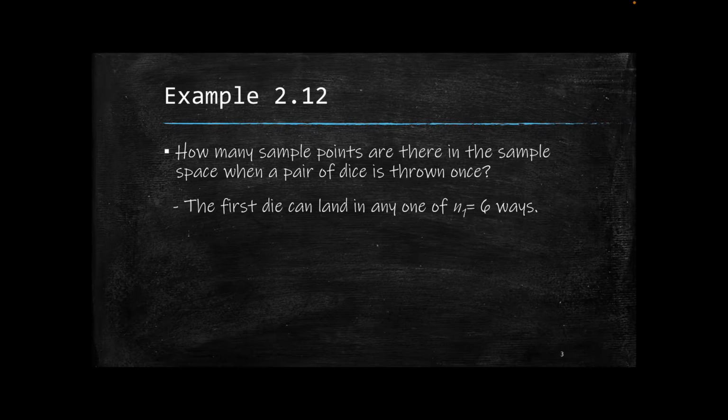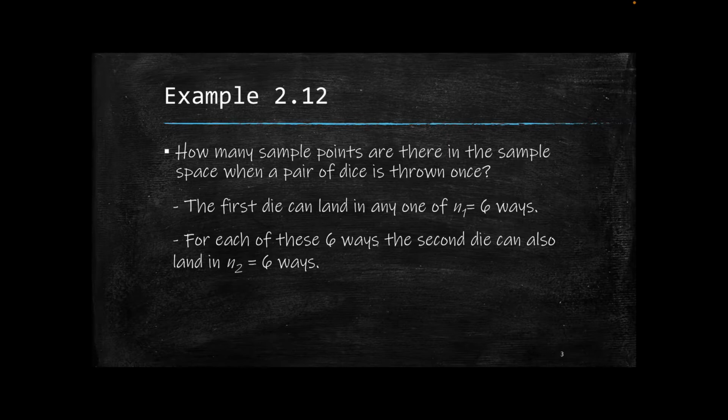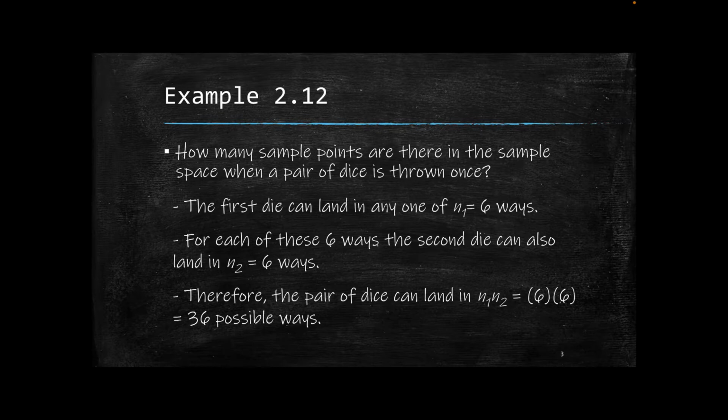The first die can land in any one, and then how many ways are there for the second die? Six also. Therefore, n1 times n2, there are 36 possible ways.